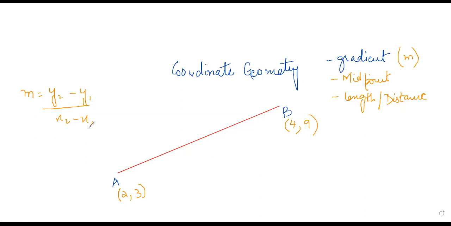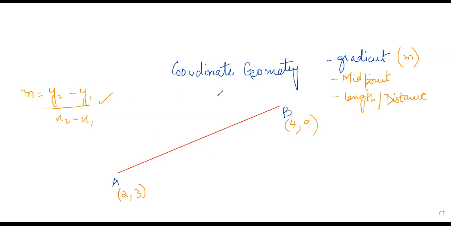It's 3, sir. Midpoint is 3. Wait, how do you get it? Like y2 minus y1 over x2 minus x1? Just 3. Yeah, that's the gradient, right? Yeah, that's the gradient. I thought you were telling me the midpoint.